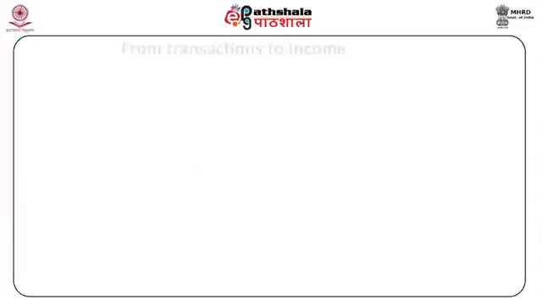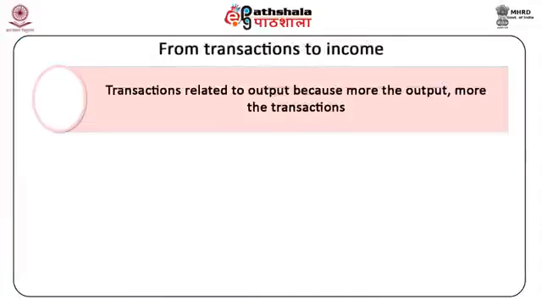Therefore, we try to replace T in the equation by some other variable which is easily determined and which holds the above equality. Now, let us study from transactions to income. Transactions are related to output because the more the output, the more the transactions.